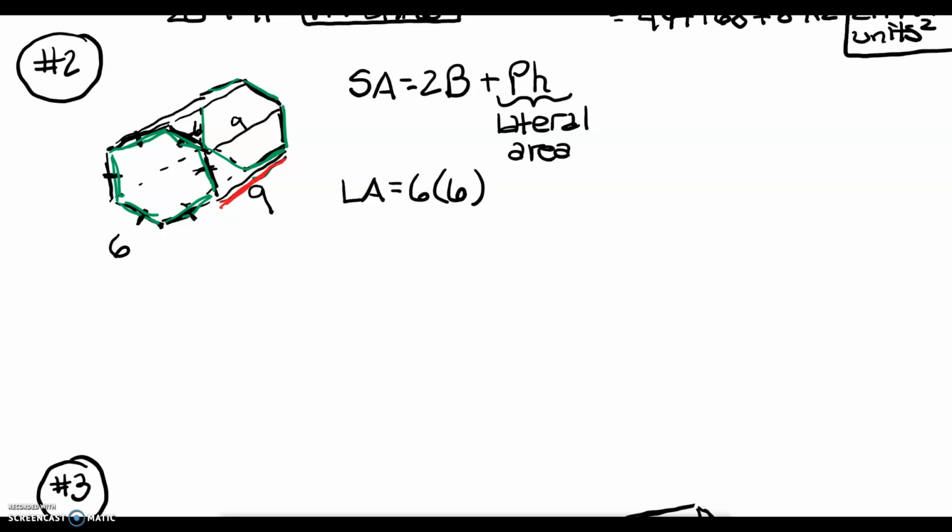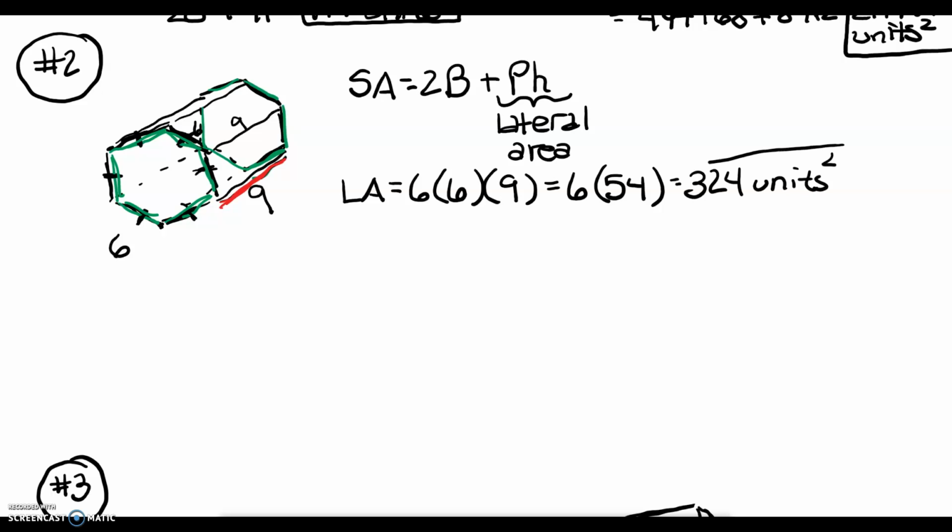That's 9. Okay, so I have 6 times 54, which is 324 units squared. That's my lateral area because I only used half of my formula.